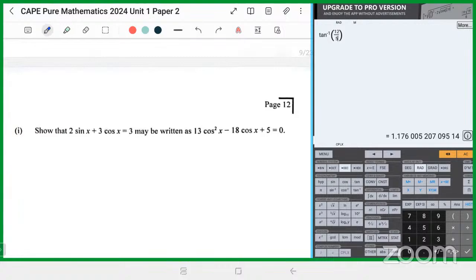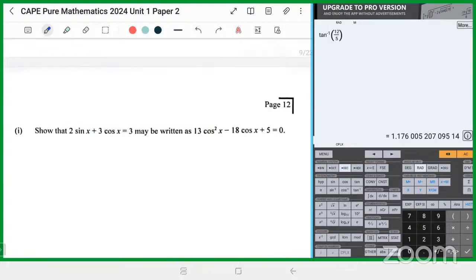So based on what I'm seeing here, I see a cos squared and a cos. I don't want to square this side. I want to transpose something and then square. Okay, so let me transpose the 3 and leave the 2 sine x as the subject.